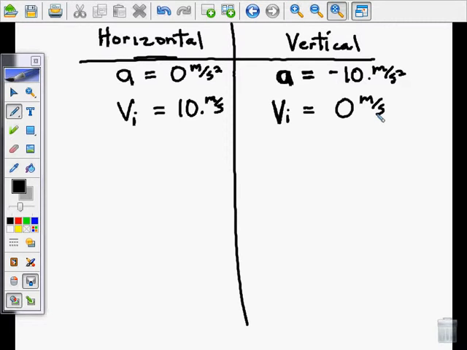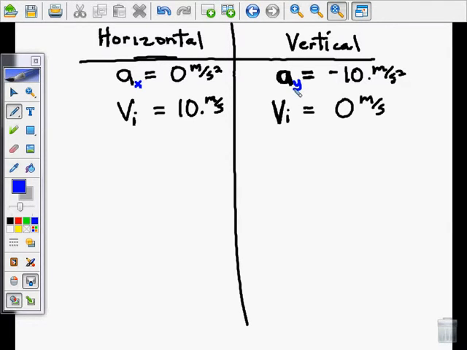Now, you can leave the data just like this. Some people find it useful to give the data helpful subscripts to remind them that it's horizontal or vertical. And x is used for horizontal and y is used for vertical. So if you want to, you could go back and say, hey, the acceleration in the x direction is 0, a sub x, and the acceleration in the y direction is a sub y.